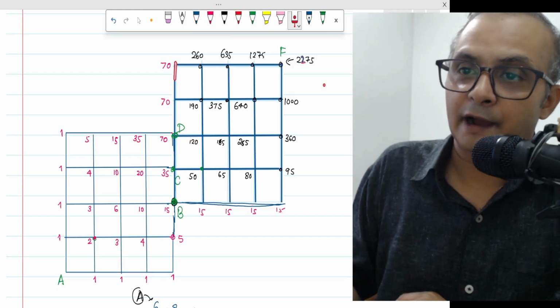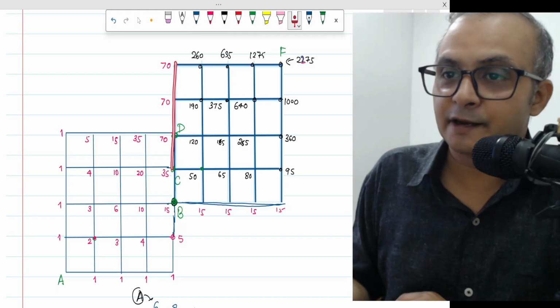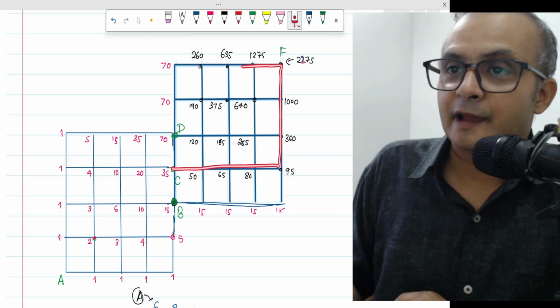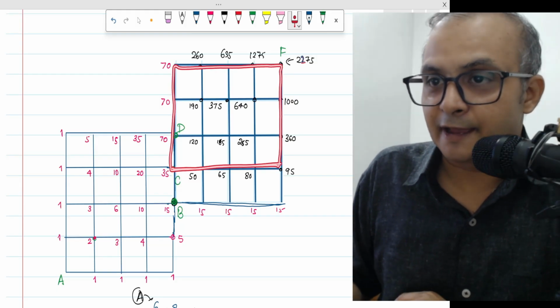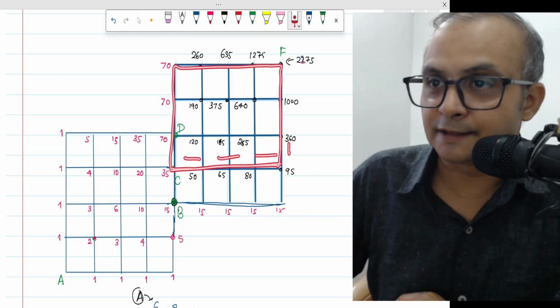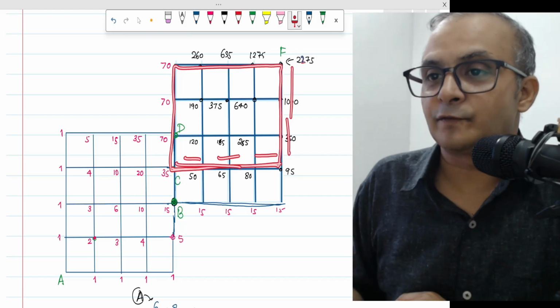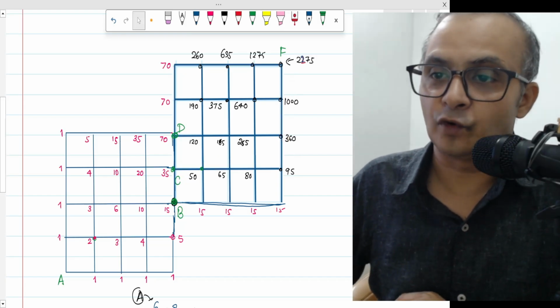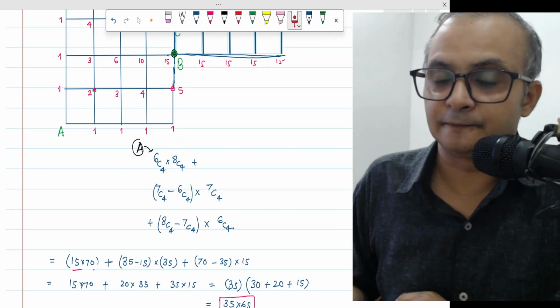I consider these grids, in which I have 4 right movements and 3 up movements. Again 4 and 3 make 7, so 7C4 is multiplied to this.